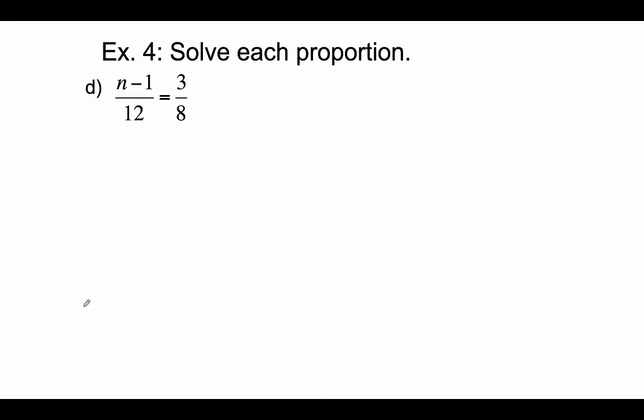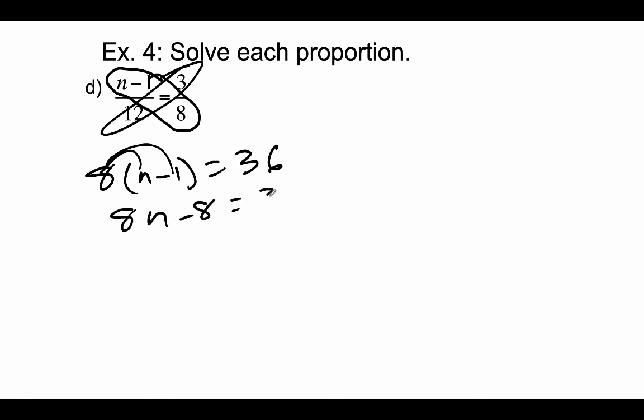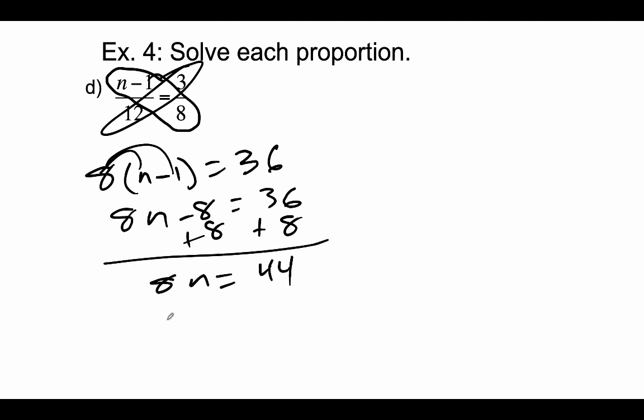Keep going. Again, I would do anything for solving for n. 8 times n minus 1 equals 36. Again, you could divide by 8 right away. That doesn't divide evenly. If it doesn't divide evenly, I kind of prefer to work it this way. And I go 8n equals 44.